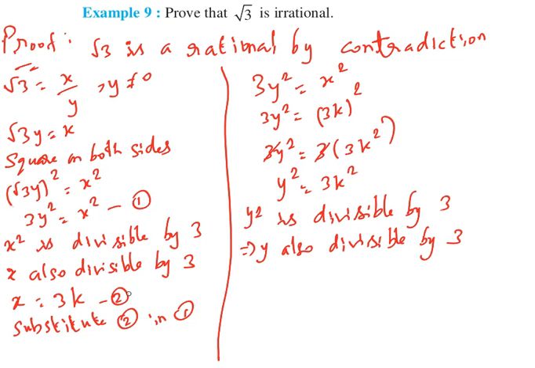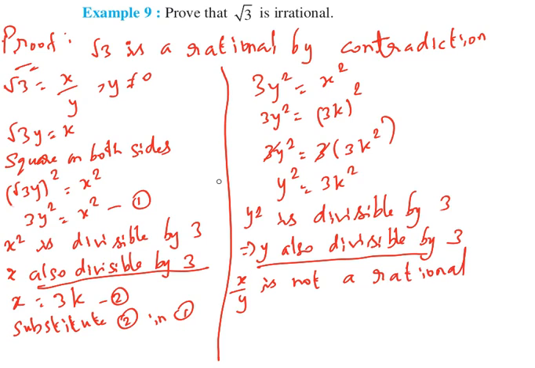So what are we getting? x is divisible by 3 as well as y is divisible by 3. So what will happen? x by y both have a common factor. x is divisible by 3, y is divisible by 3, both have a common factor 3. So definitely x by y is not a rational number.